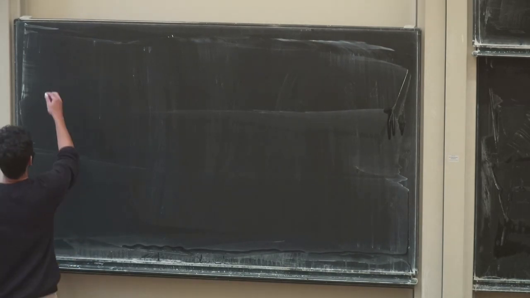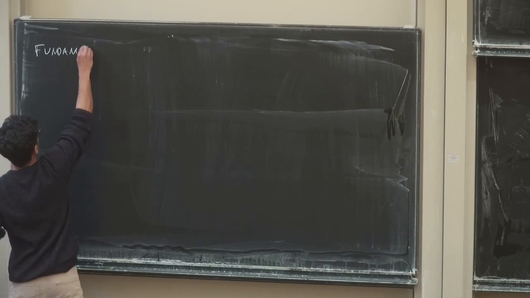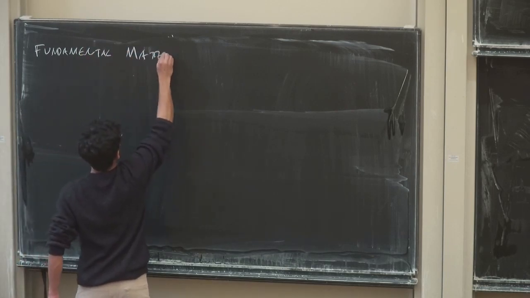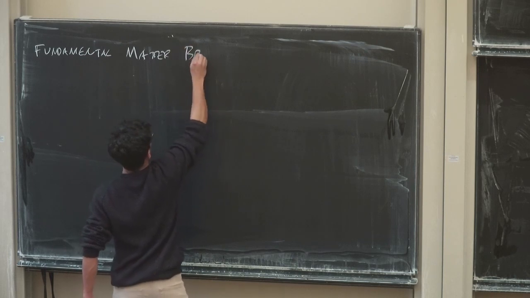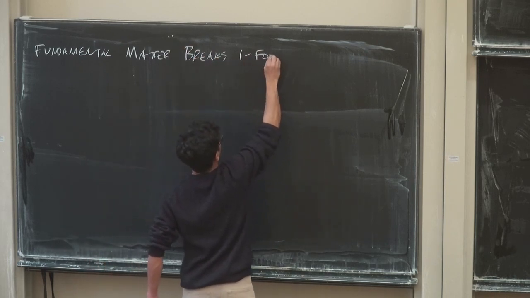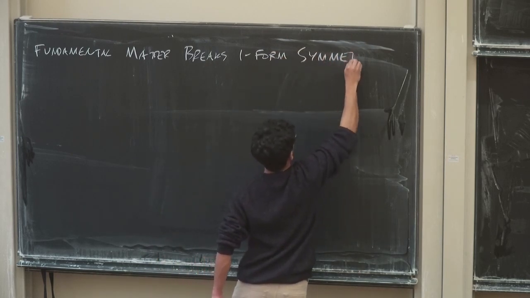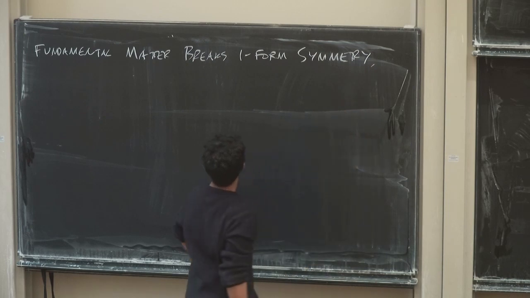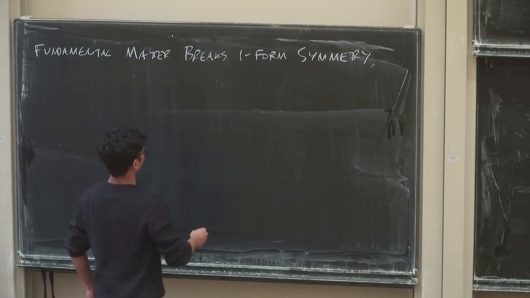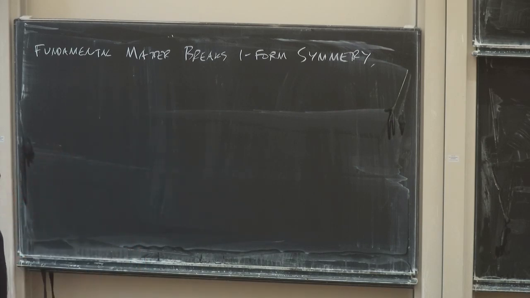Let me just write this down in words: fundamental matter breaks the one-form symmetry. What do I mean by explicitly breaks? It's just gone. It's not spontaneously broken.